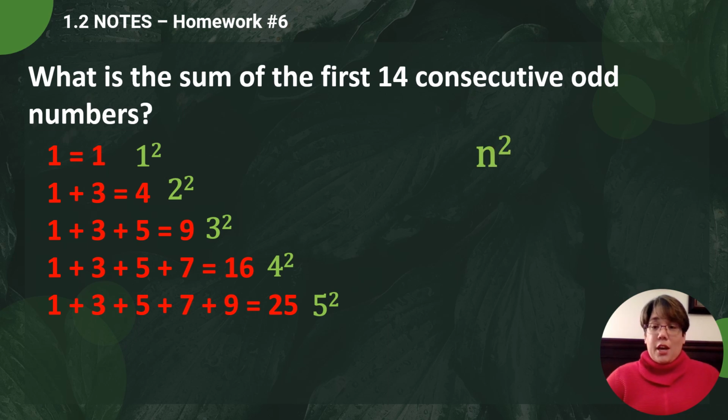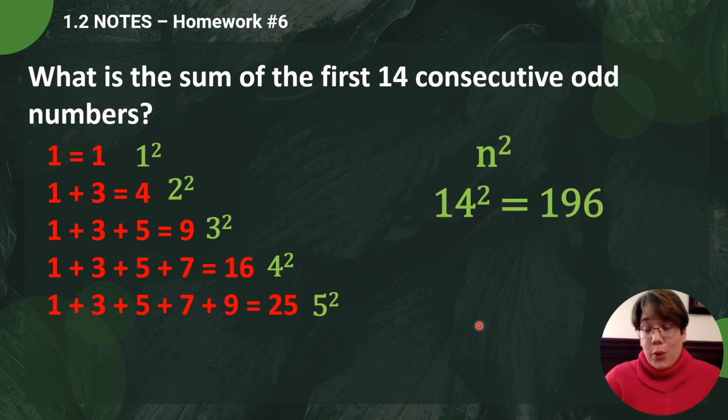So you just take the number and square it. In this case, you would say 14 squared, and the answer is 196. Now that's a whole lot better than sitting here writing them all out, especially if it asked you for the sum of the first 5,674 consecutive odd numbers.